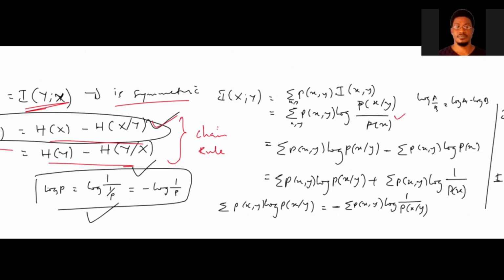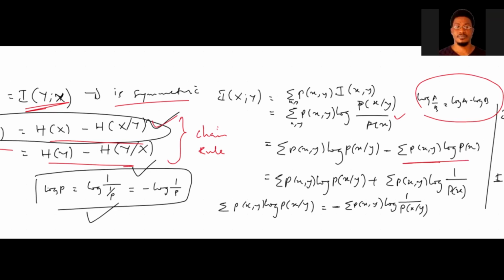So this is going to give us sigma P of XY log P of X given Y. By the laws of logarithm, log A over B is the same as log A minus log B, right?